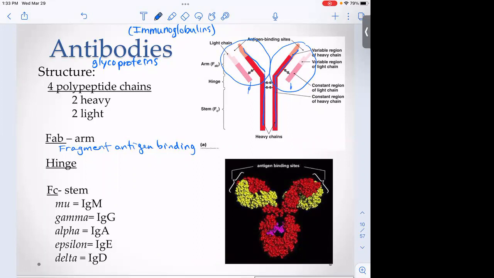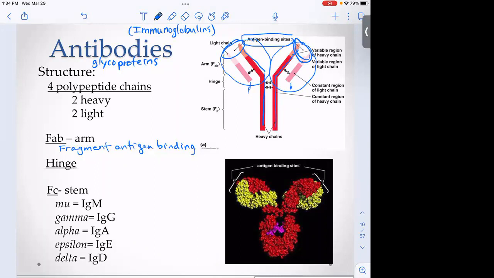I mentioned the two arms, the Fab regions, and at the very end of each arm is the antibody binding site. That's where the antibody recognizes antigen. One analogy is a puzzle: those antibody binding sites only fit a certain kind of antigen.